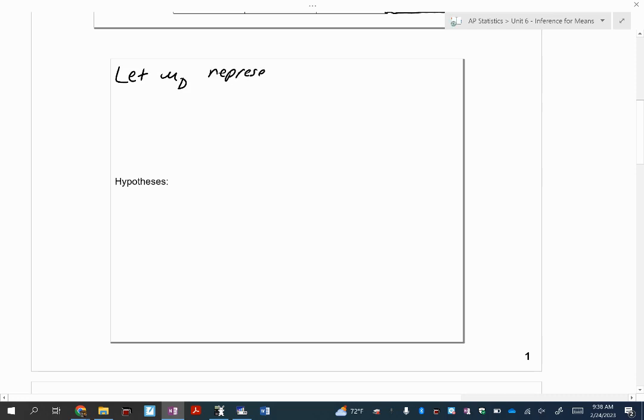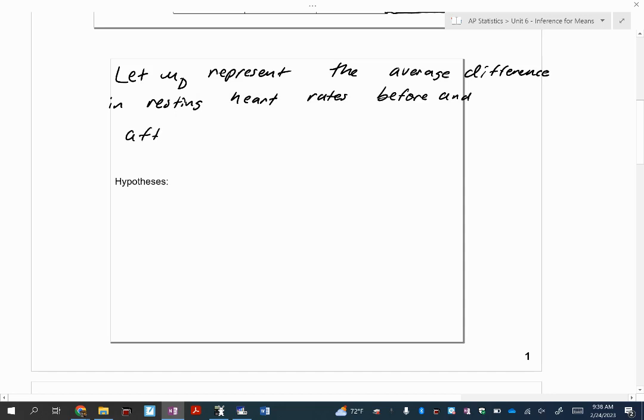Let mu D represent the average difference in resting heart rates before and after this exercise program. All right, so if you're doing a paired t-test, just one parameter.